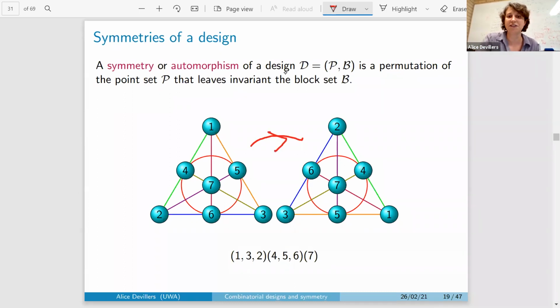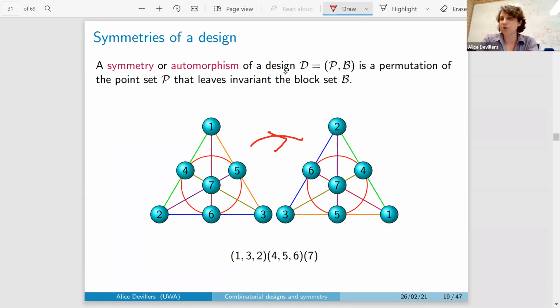So that's before, and then it transforms into that. In this case it is just a rotation, a third of a turn. If I do this rotation, this line 153 becomes this line 153. I kept the colors so you can see where the blocks are sent.